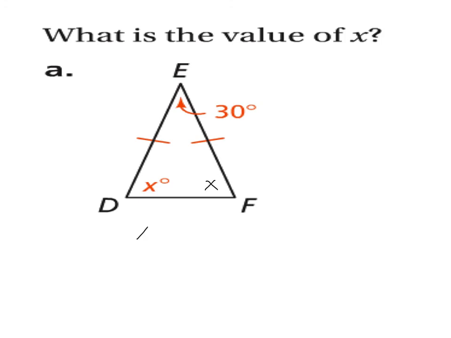And if I add the three together, they have to equal 180 degrees. So in other words, 2x is going to equal 150, and x is going to equal 75 if I solve it. Now, what some of you may have done is taken 180 minus 30, gotten 150, and divided in half, which is essentially dividing by 2, which is essentially what you did in the equation to get the answer.